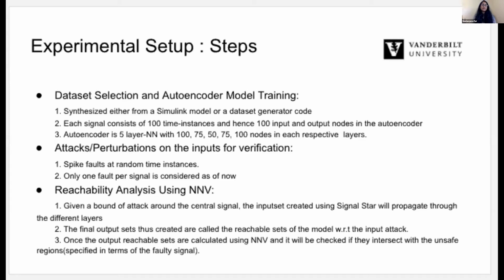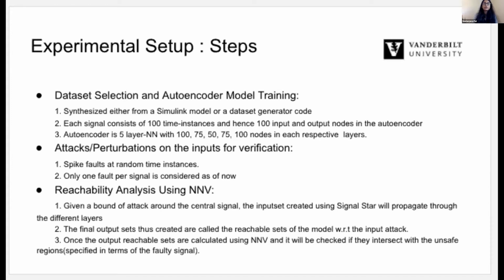In simple terms, the reachability analysis using NNV is done with a given bound of attack. We define an upper and lower bound with respect to the attack around the central signal. Then the input set propagates through the different layers of the neural network.